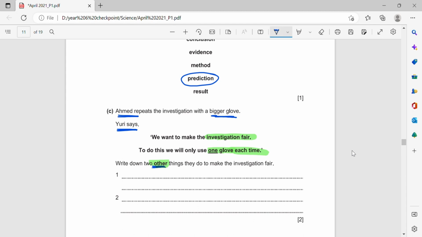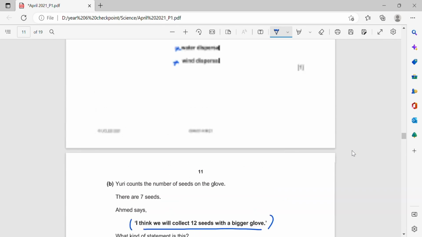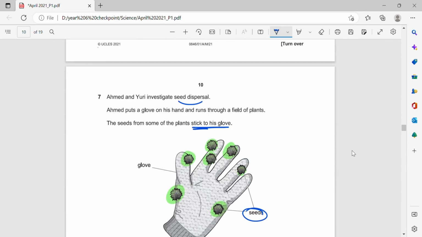What else can they do to make the investigation fair? We said they run through a field of plants, so they should use what? The same plants. What else? They should use the same material of the glove. What did they do? They were running, so the same what? The same speed of running. And also the same distance of running.